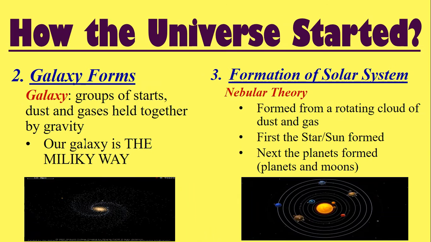After the Big Bang, galaxies formed. So galaxies are a group of stars, dust, and gases held together by gravity. Ignore that T. I'm horrible at double checking my spelling. So it's all these gases, these stars, this dust held together by gravity.